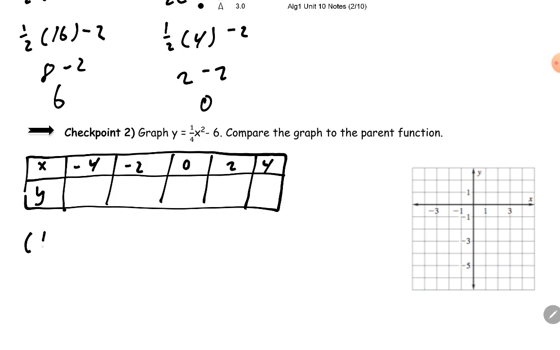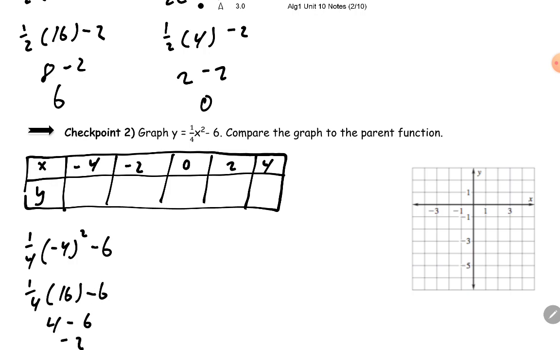So if I look at 1/4 of (-4) squared minus 6, that'll be 1/4 of 16 minus 6, which is 4 minus 6, which is -2. If I plug in 0, I'll get 0 minus 6, which is -6.